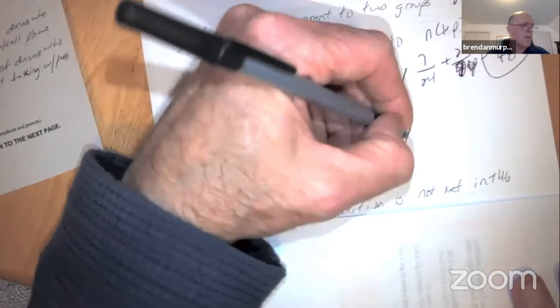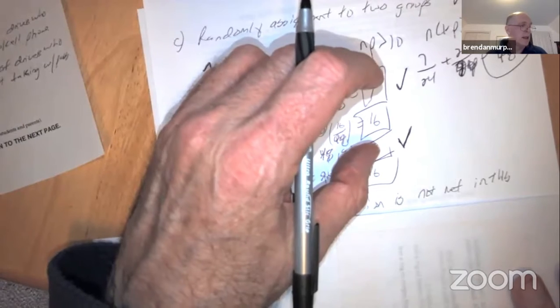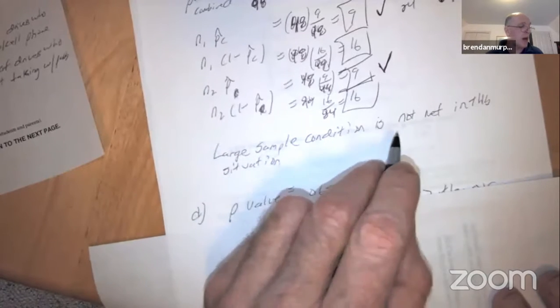So we have not met the constraints of those conditions. Still holds true here. 9 is clearly less than 10. And so the conditions to meet this test were not met. And so I said the large sample condition is not met in this situation. So we did not meet those constraints. Therefore, I could not run this test.